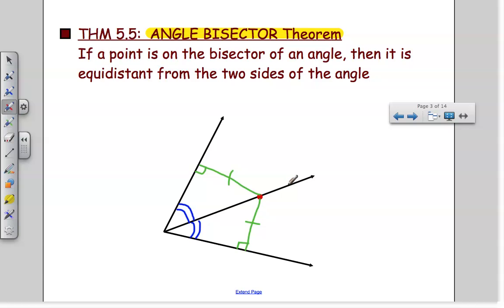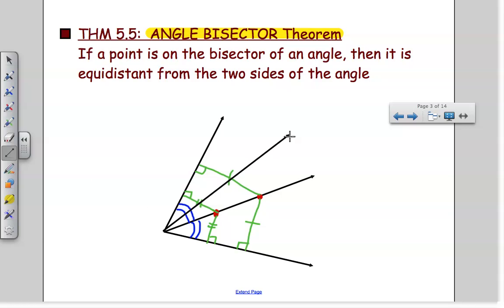And I could grab another point, how about right here? It is on the angle bisector. So if I do the distance to the sides of the angle at a right angle, remember, because that gives you the distance from a point to a line, then these two would be congruent to each other. Any point on an angle bisector is equidistant to the sides. And you might say, why? Because if you're on the angle bisector, you're literally in the middle of the angle.